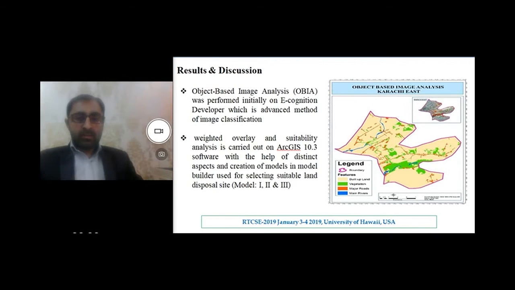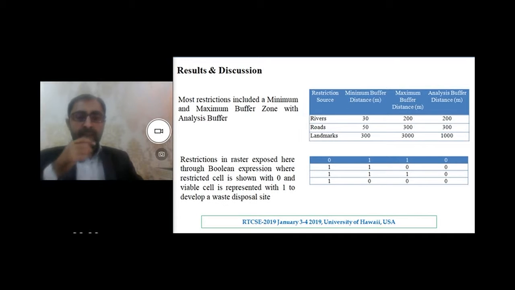Then weighted overlay and suitability analysis is carried out on the ArcGIS 10.3 software with the help of distinct aspects and the creation of models in model builder, used for selecting a suitable land disposal site: model 1, model 2 and model 3.